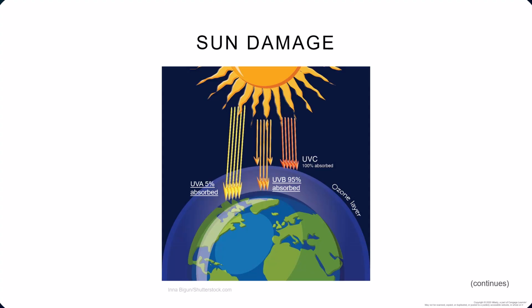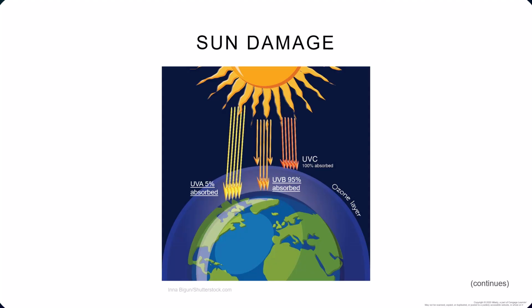The ultraviolet A rays are the aging rays, and they have a longer wavelength and they penetrate deeper into the skin and cause genetic damage and cell death. The UVA weakens the skin's collagen and elastin fibers, which causes the wrinkling and the sagging. That's why it's the aging rays. They penetrate glass and clouds, they're present all year round, and they're more prevalent than UVB rays.